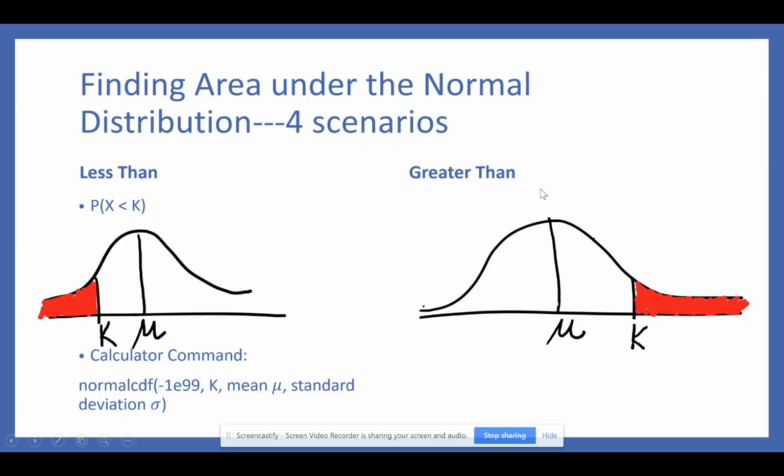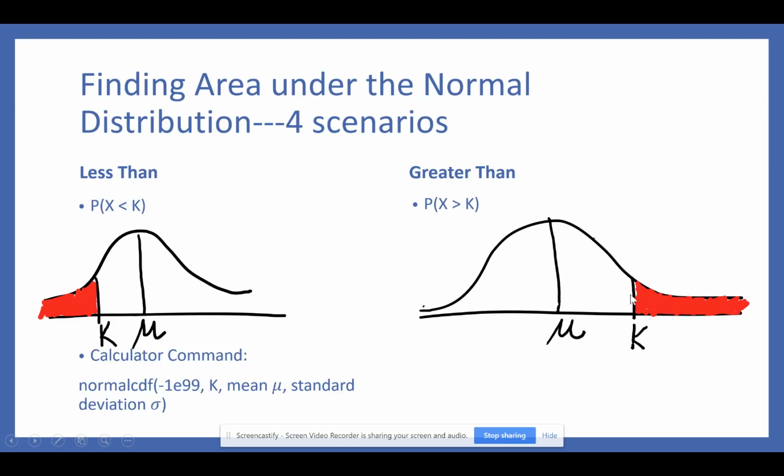The second scenario you could have, it would say something like greater than, more than, it could be at least. So you'd have, in symbols, the probability, P, parentheses, X, the variable, is greater than k. In terms of your picture, you would have a horizontal number line, our bell-shaped distribution with the mean in the middle, and then k, which is our point of interest.